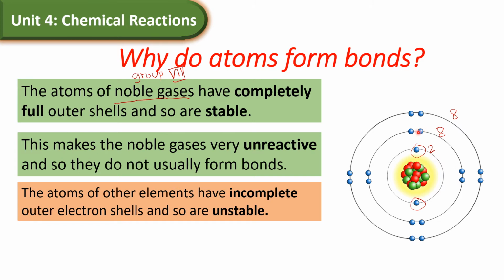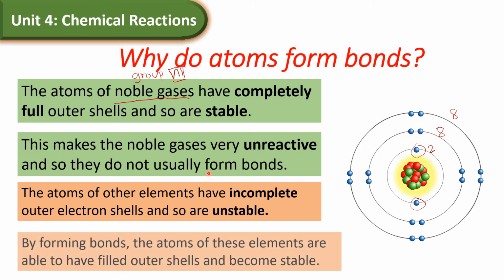So they are incomplete. They did not reach these 8 electrons. As a result, they are unstable. Unstable means they are not balanced, so they can cause chemical reactions.